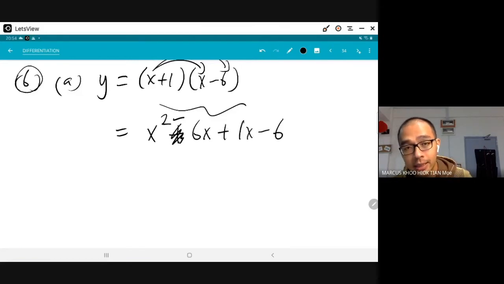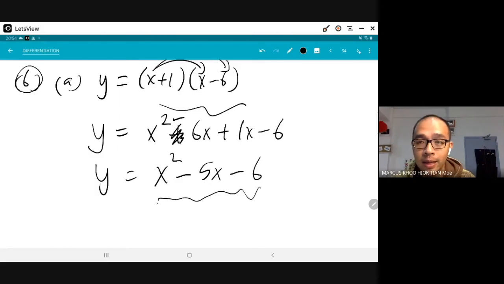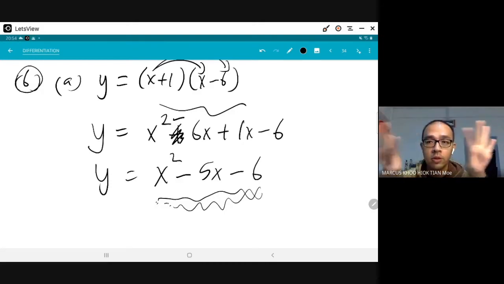This is still y. And then y equals x squared minus 5x minus 6. Then you can differentiate. So get it into this format first, before you differentiate, because the principle behind this is you need to have different terms, then you can differentiate them separately.